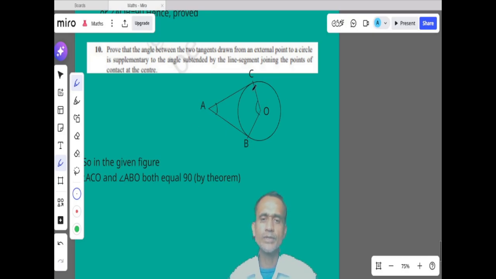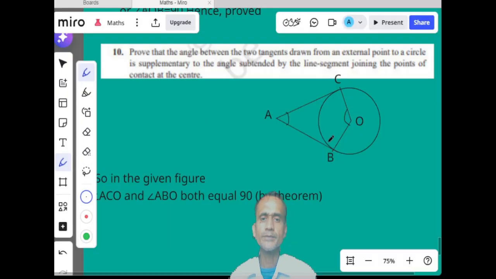A very easy question. You can see that ABOC is a quadrilateral, and this angle and this angle are both 90 degrees. Why? Because a line drawn from the center of the circle to the tangent is perpendicular. So this angle is 90 degrees.